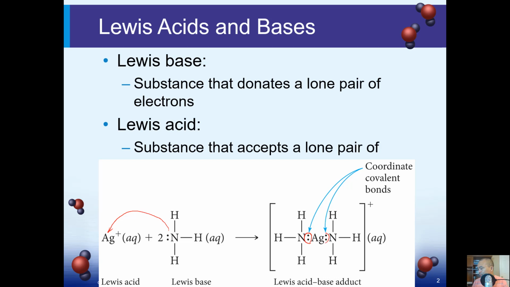The electrons donated by ammonia only are shared between silver and ammonia, and those two bonds are so-called coordinate covalent bonds, and we will go into the details a little bit more.